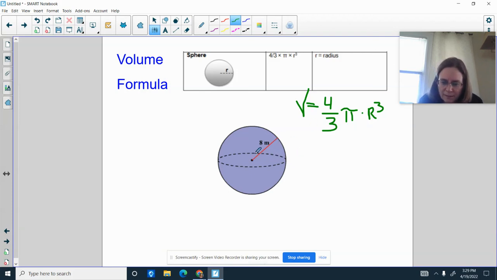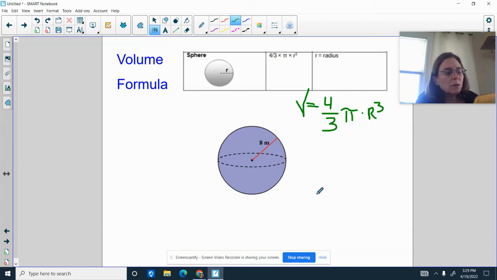So my radius, I can see with my red line, is 8. So I'm going to put my fraction in my calculator, which is just 4 divided by 3. Again, I put it in parentheses just for grouping purposes, times pi, or 3.14, radius to the 3rd power. So my radius is 8. Now you can do 8 times 8 times 8.